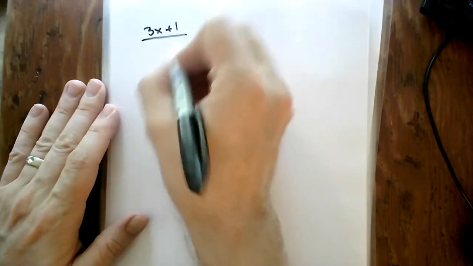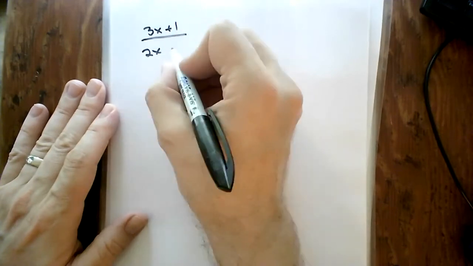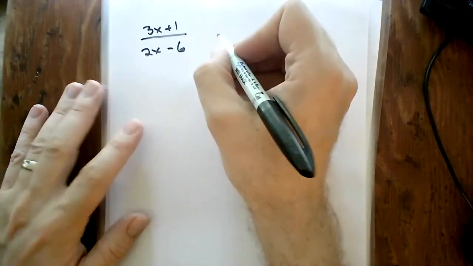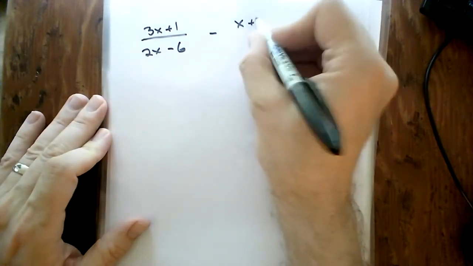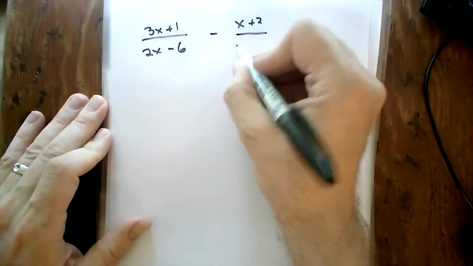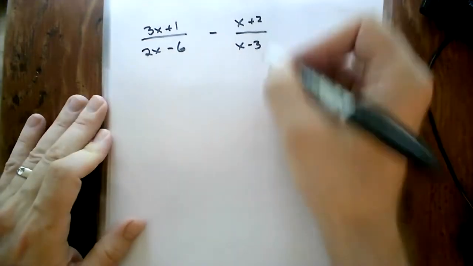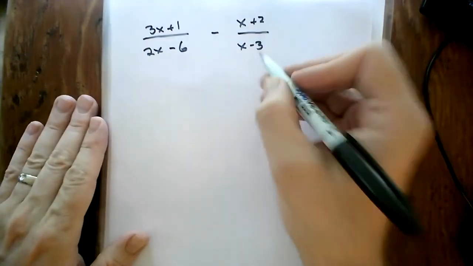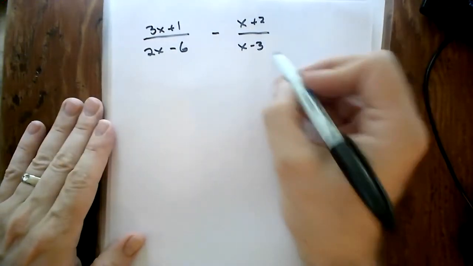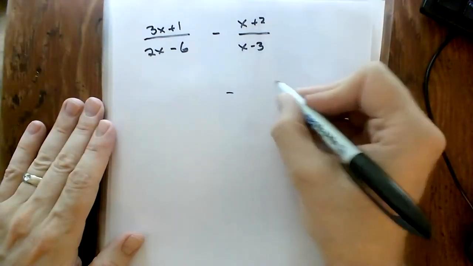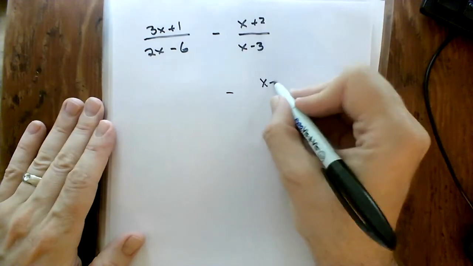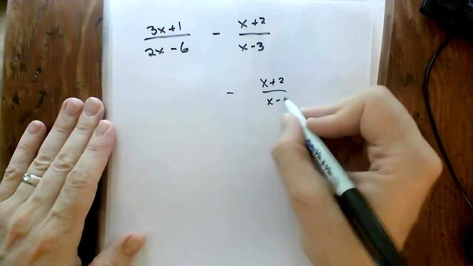I've got 3x plus 1 over 2x minus 6, and I'm going to subtract from this x plus 2 over x minus 3. So the first thing that we need to do is fully factor our denominators. Well, I can't factor this one here on the right, so this is just going to stay x plus 2 over x minus 3.